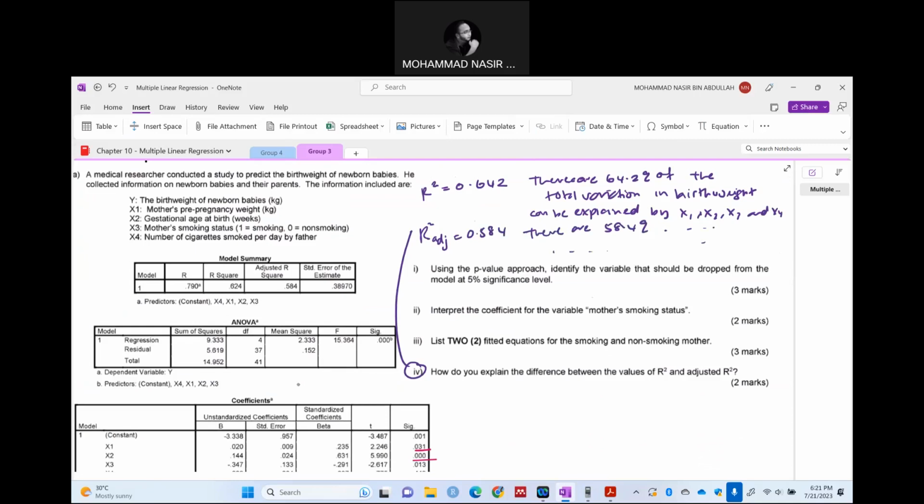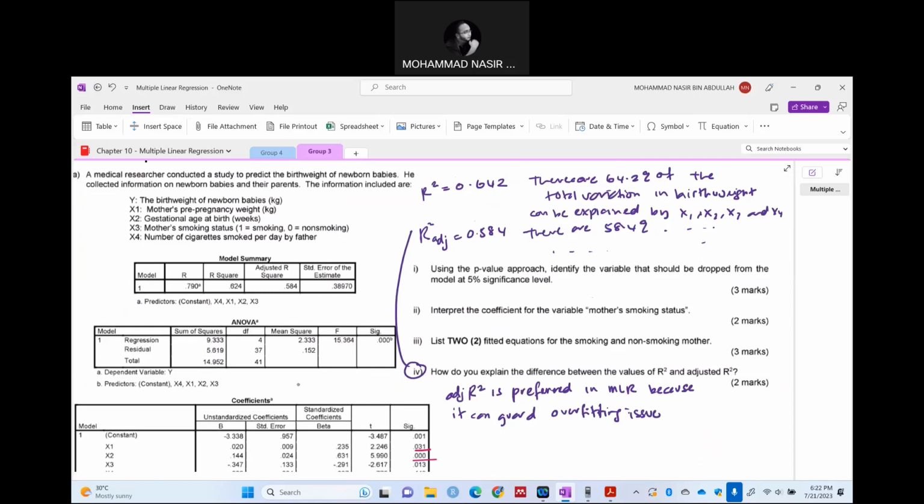Right. So adjusted R square is preferred for multiple linear regression.